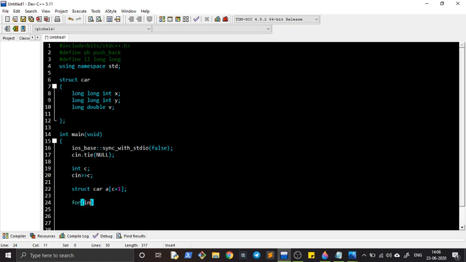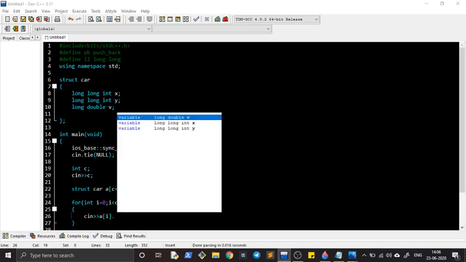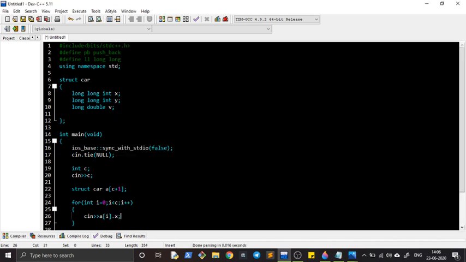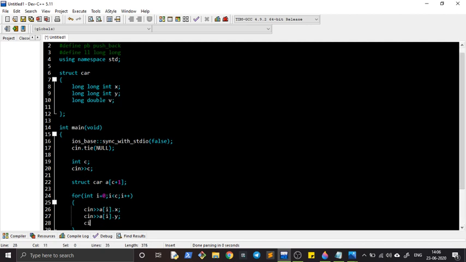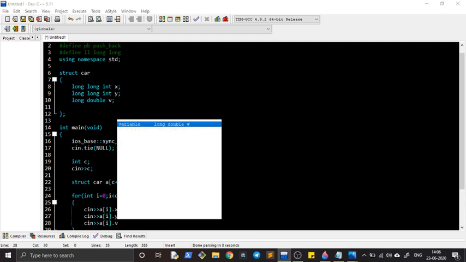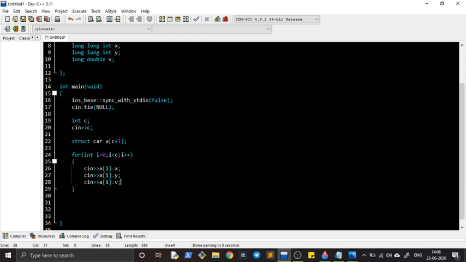A simple for loop, for int i equal to 0, i less than c, i plus plus, cin a[i] dot x, the first car's x value, then cin a[i] dot y value, then eventually cin a[i] dot v, the v value. It's pretty simple.